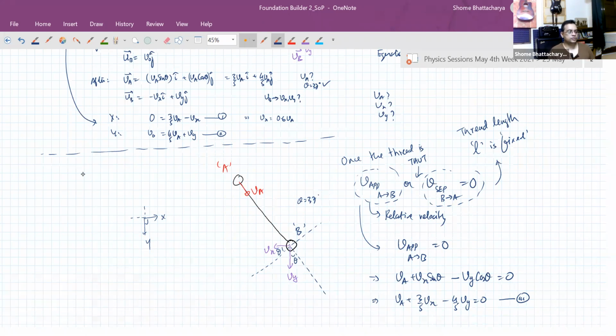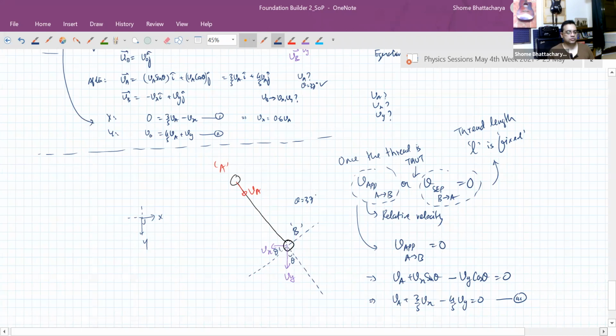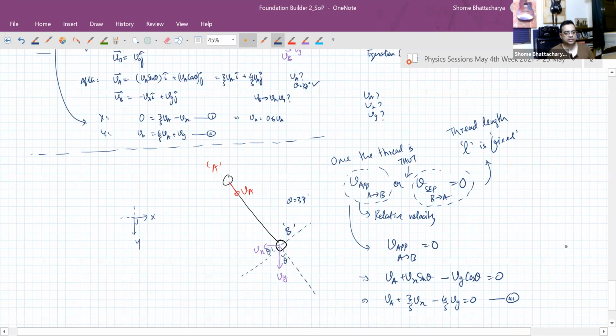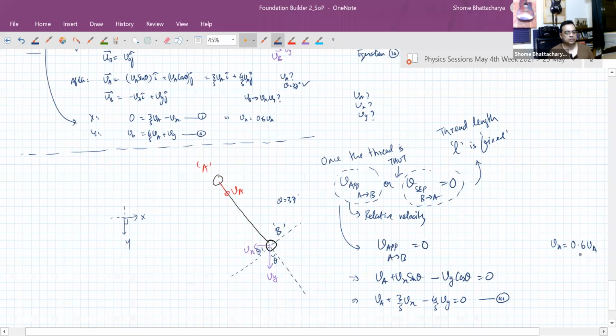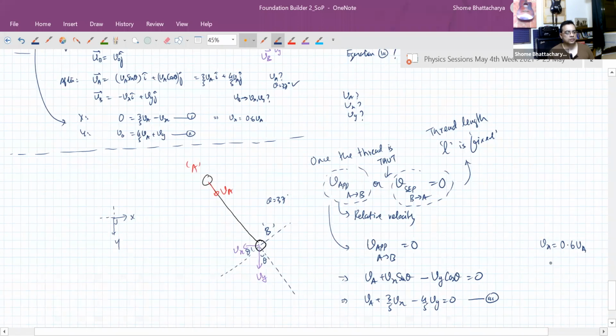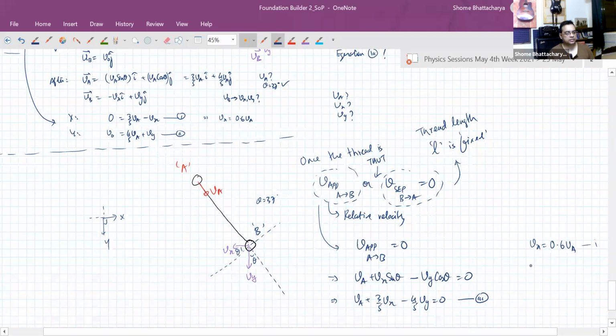Okay, so let's also look at solving the equations now. The first equation was telling us that Vx is equal to 0.6 VA. Second equation is telling us that 0.8 VA plus Vy is equal to V naught.